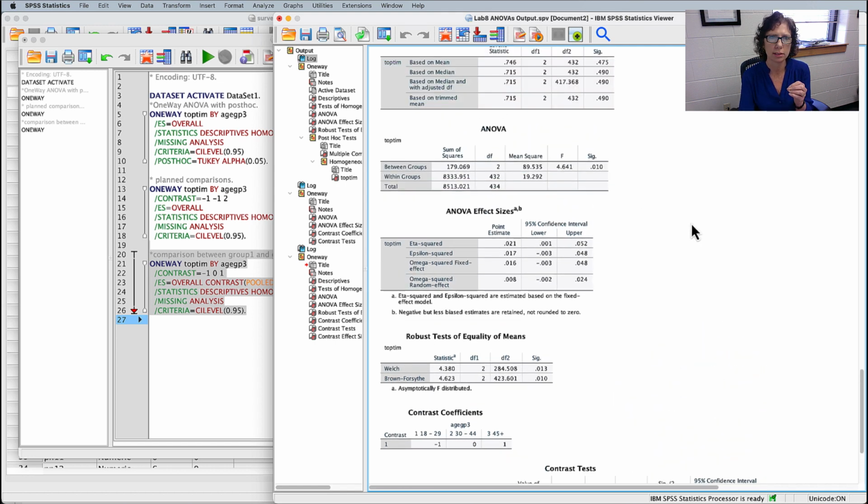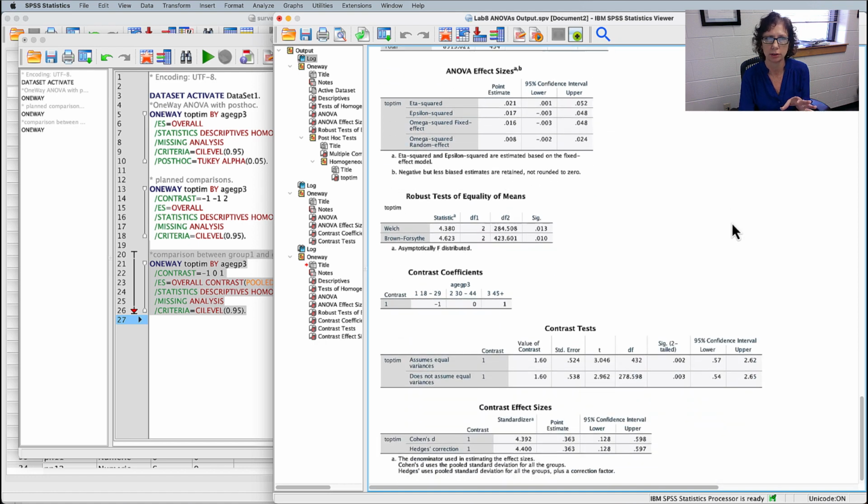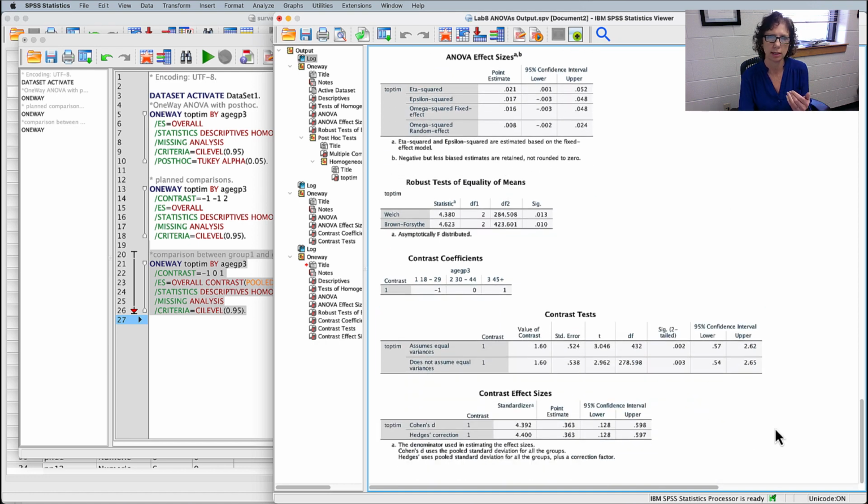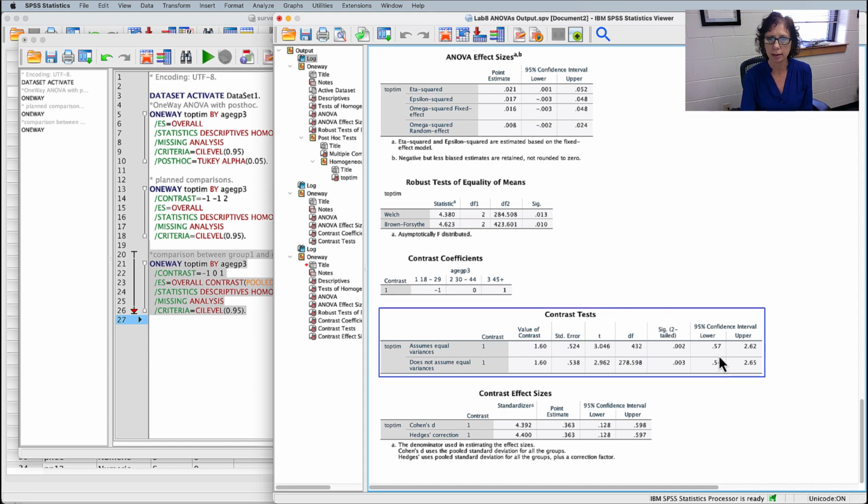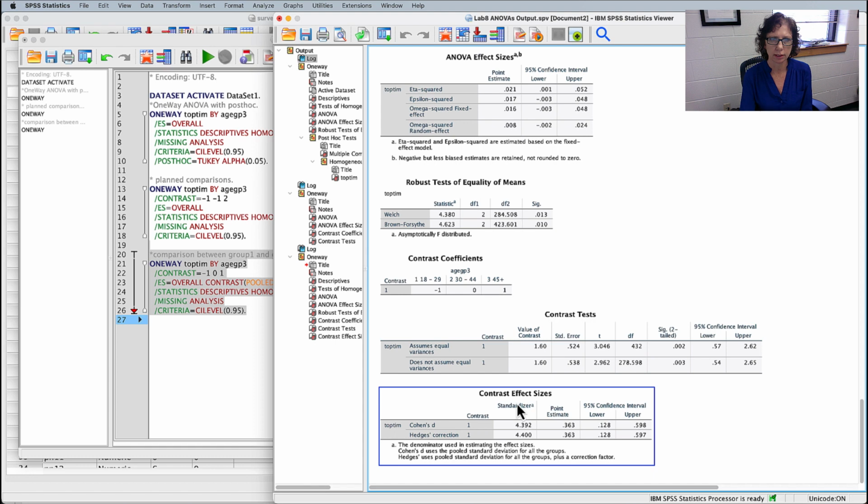The model itself, significance and reporting of the model level, did not change just because I decided to look at the groups differently. And now that I asked for the effect size, I have Cohen's d at 0.36. So very good. We got that information.